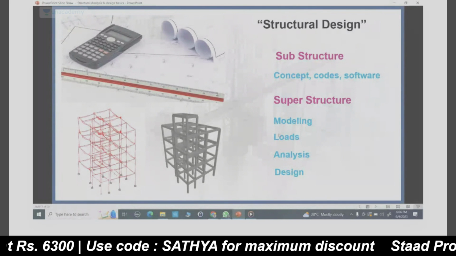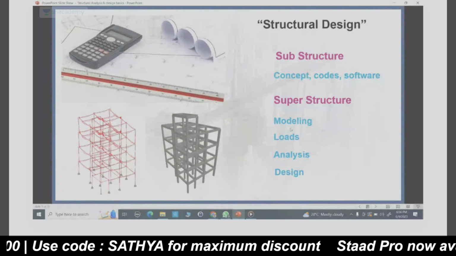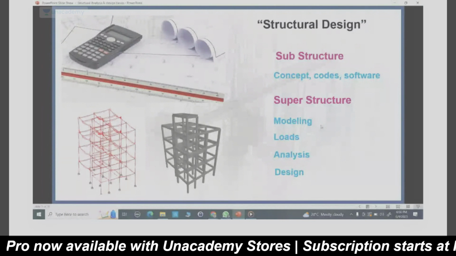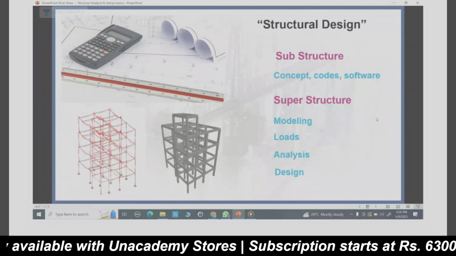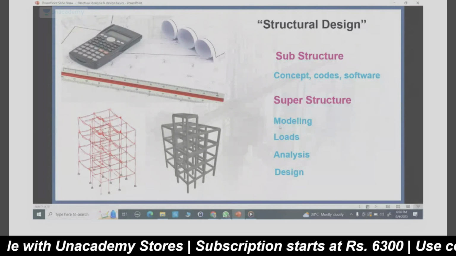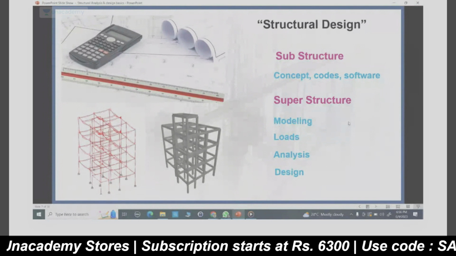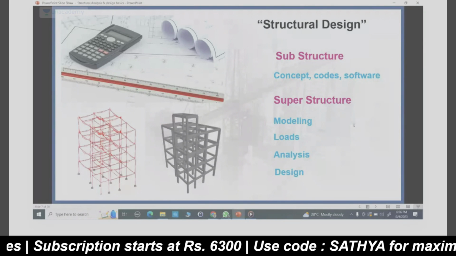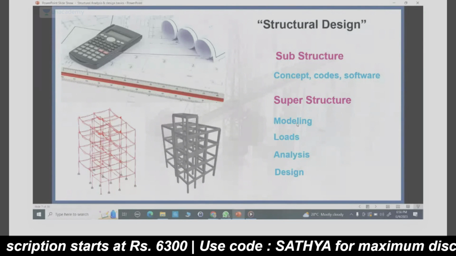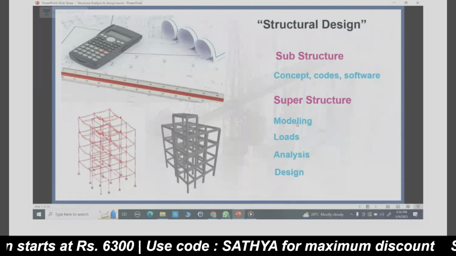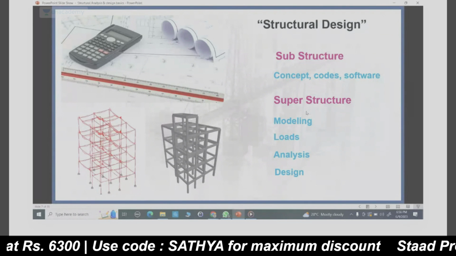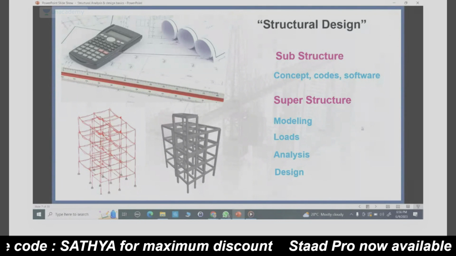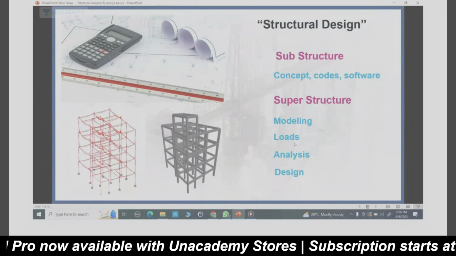Next, let's move on to the superstructure. In the superstructure, the first step is modeling. Modeling means we need to model the geometry using the STAAD.Pro software. Modeling includes modeling the structural members, and then assigning the member properties, which means the size of the structural members. Then we provide proper supports, and move on to loads.